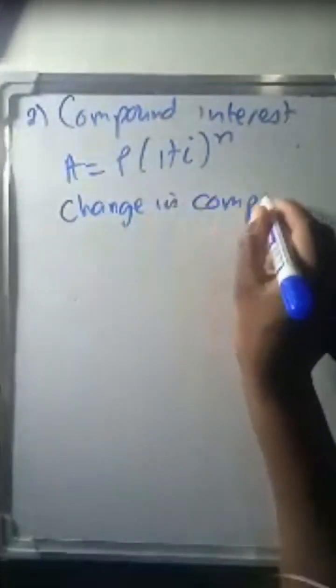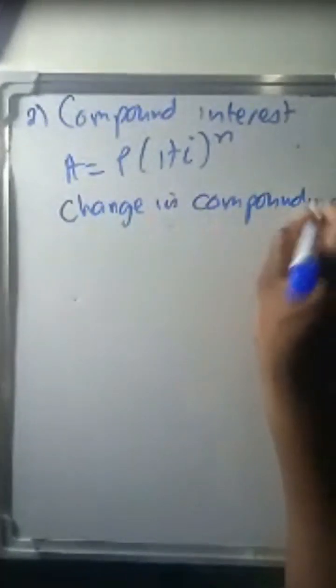Okay, now we go to the second one, number 2, which is compound interest. Now, compound interest is just A is equal to P in brackets (1 plus i) to the power of n. But what is interesting under compound interest is the change in compounding periods.